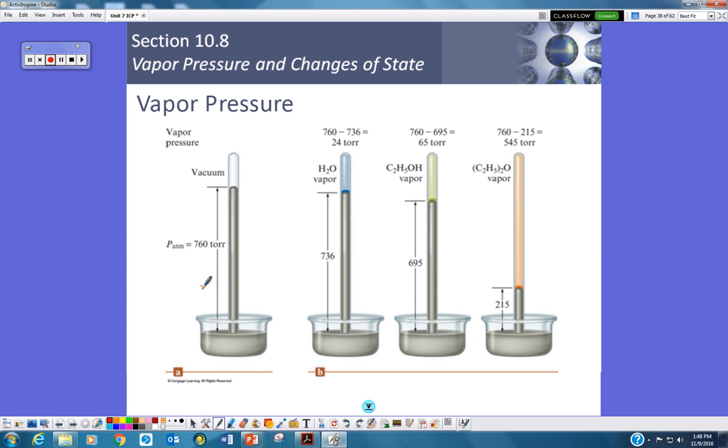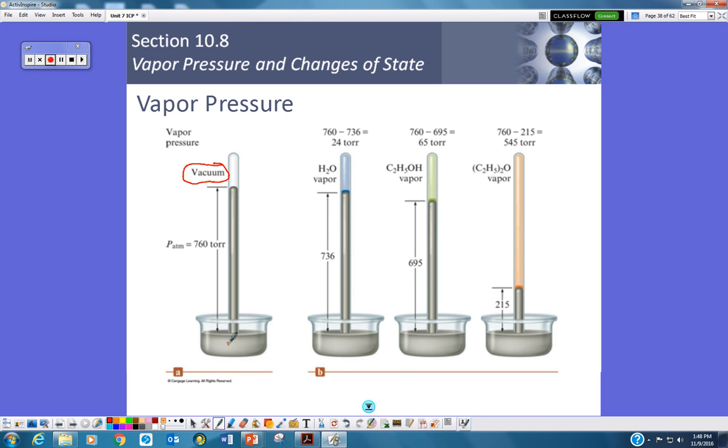All right, now looking at these. What do I expect you to know about this? In this first tube, this is what happens when we take this tube and create a vacuum in it, so there's no air in it, and then we invert it over a source of mercury.